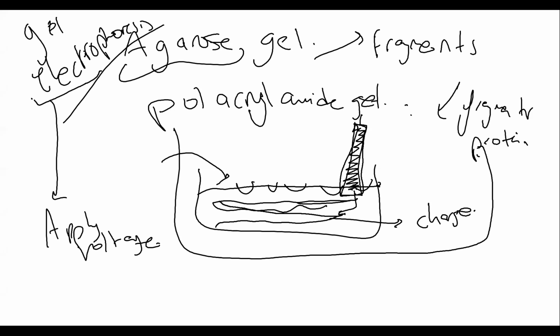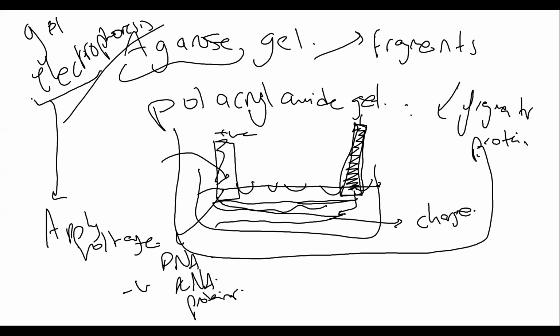Yeah, this is called the electrode. They will start moving towards the positive part of the gel because they are usually negatively charged. Positive electrodes attract the negatively charged, so they will be attracted to them.